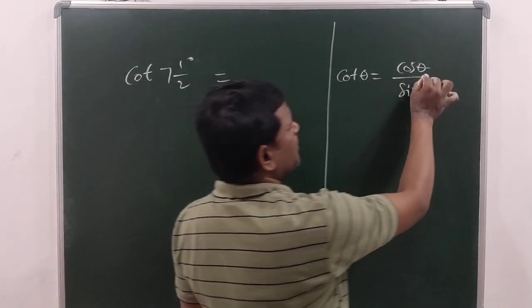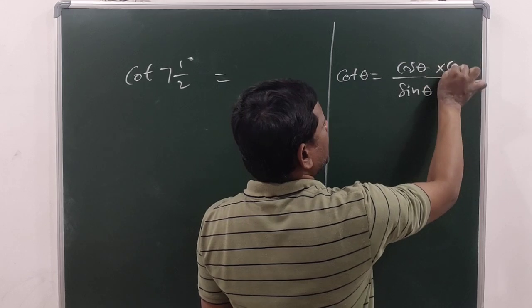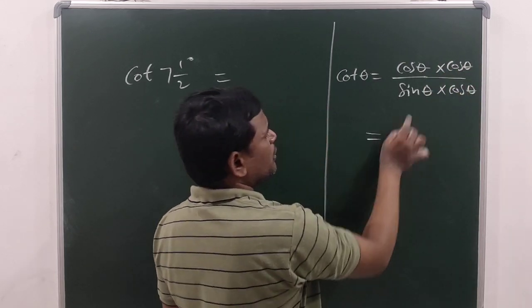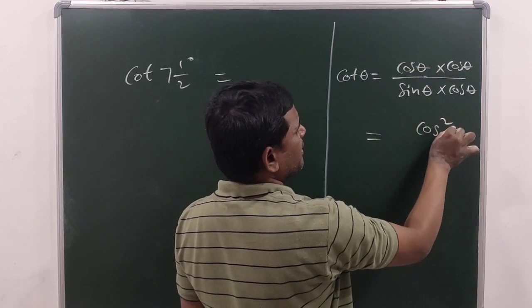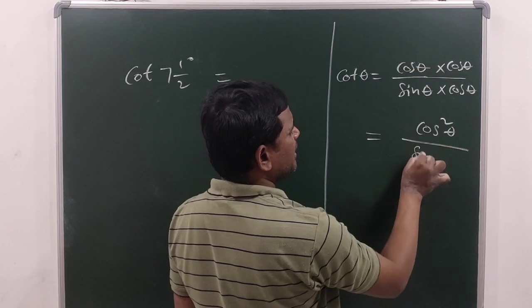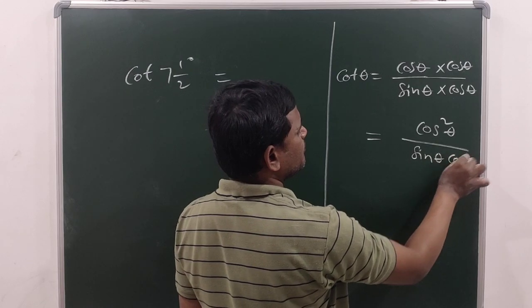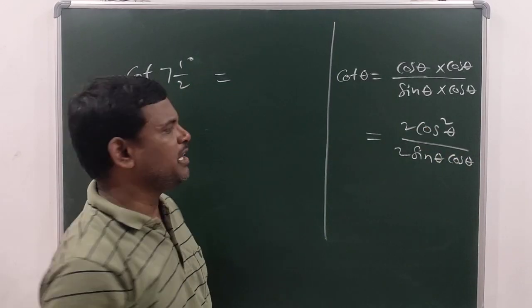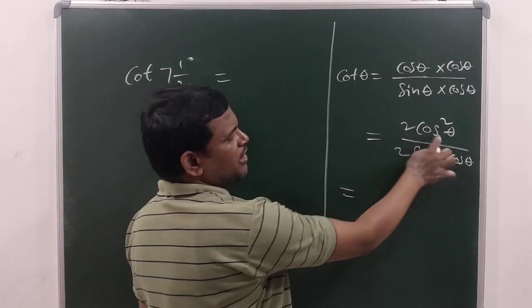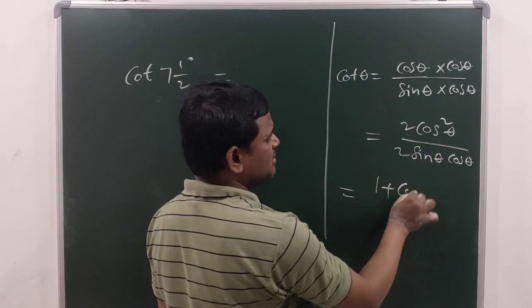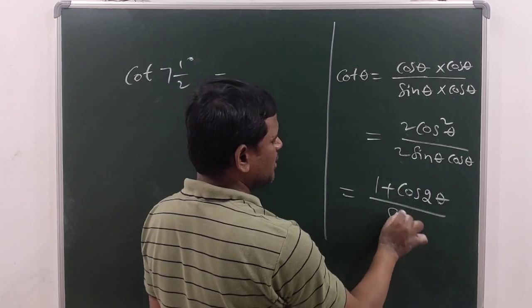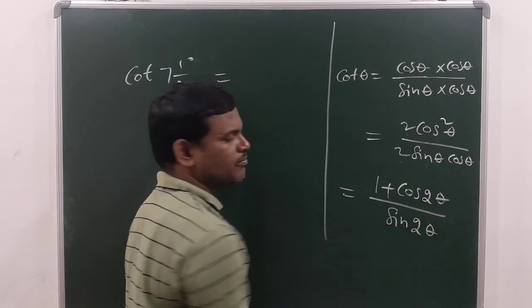In the next step, multiply numerator and denominator with cos theta. In the numerator you get cos square theta, in the denominator sin theta cos theta. Now write 2 in the numerator as well as in the denominator. Here 2 cos square theta can be written as 1 plus cos 2 theta, and 2 sin theta cos theta can be written as sin 2 theta.